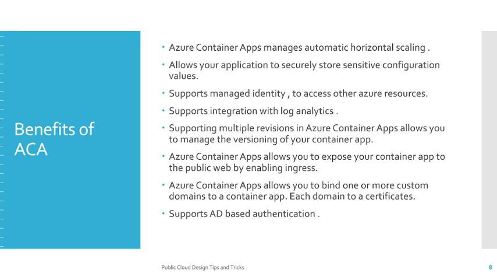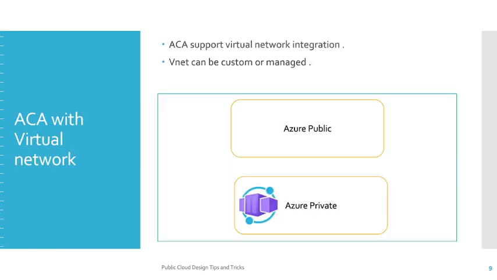That means you can bind more than one custom domain to your container apps, and each domain has its own certificates, so that you can securely configure your domain join to your container apps. And the last one supports AD based authentication. As we have already discussed, it supports the managed identity concept. It is natively integrated with Azure Active Directory related solutions.